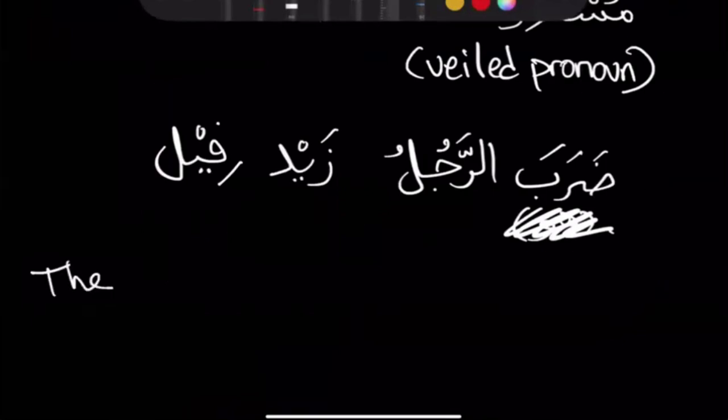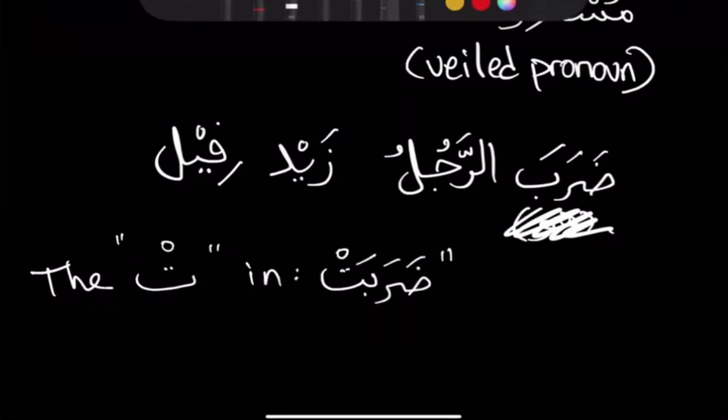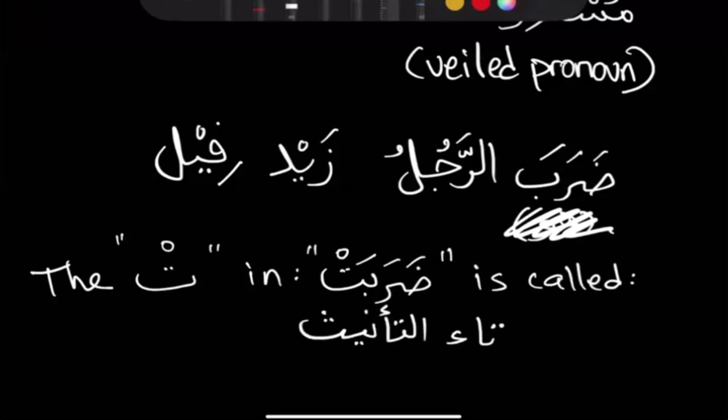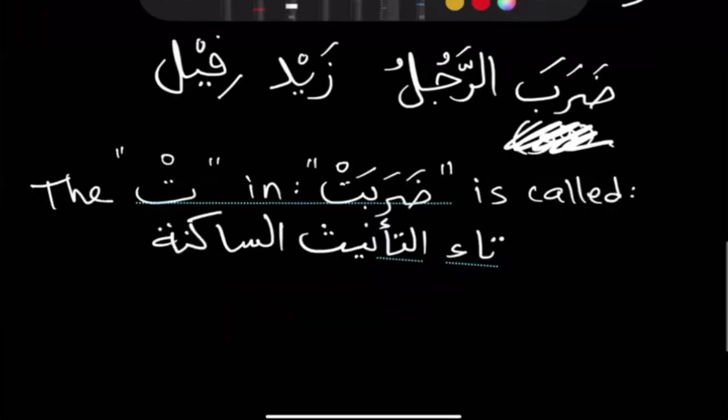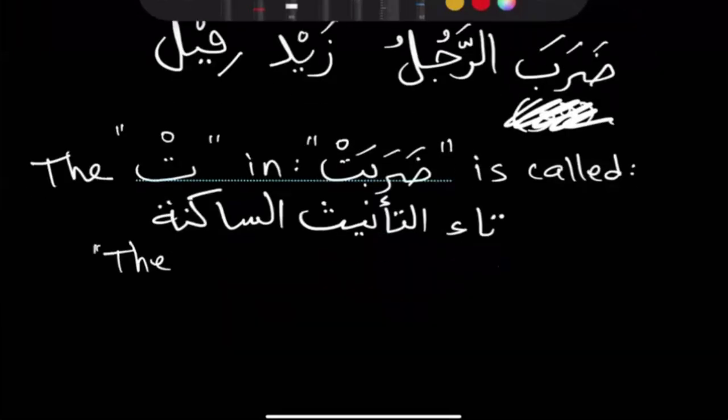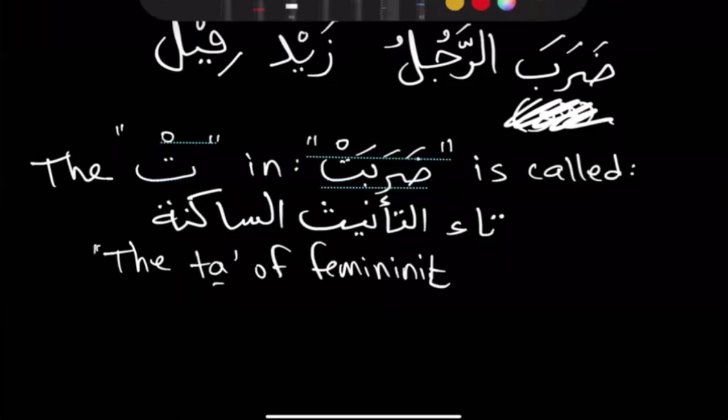The ta in darabat is called ta at-ta'nith as-sakina, which means the ta of femininity without a vowel. Ta'u ta'nith as-sakina. The ta of femininity. What is this ta of femininity?